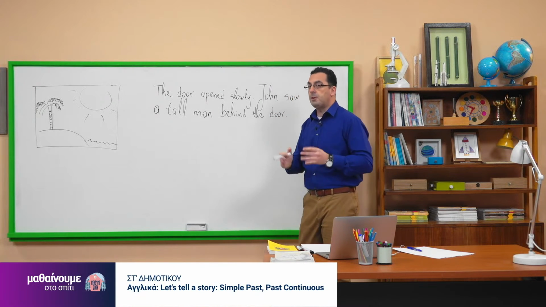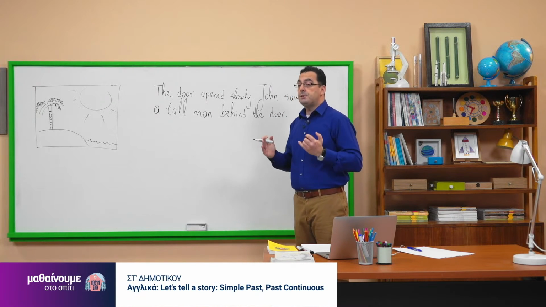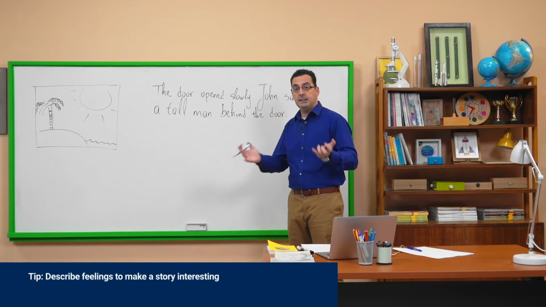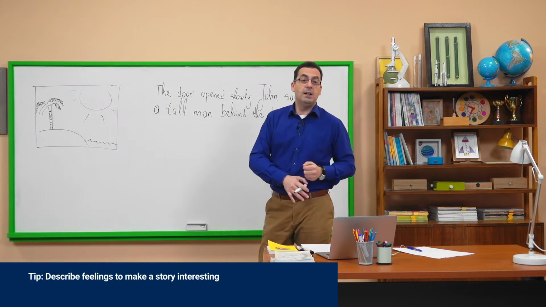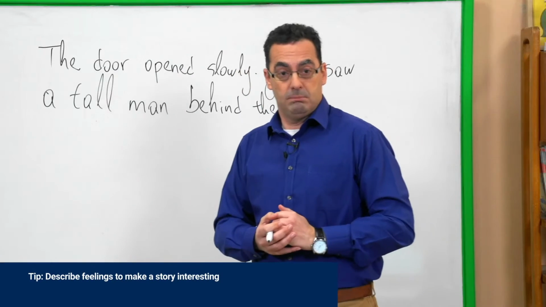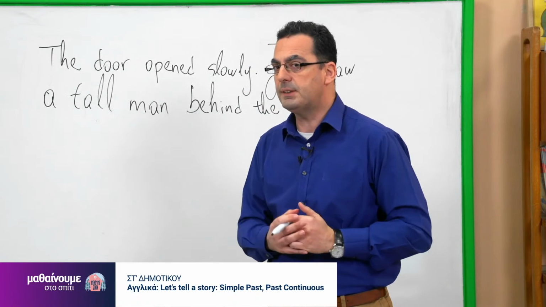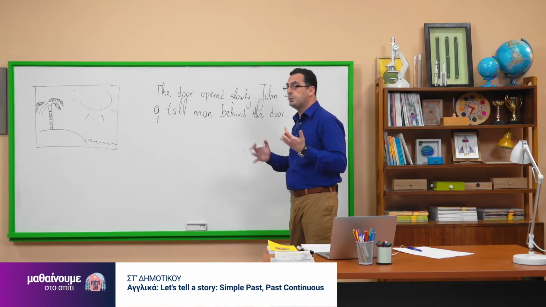If you want to make your story more interesting, you could say how people feel. How do they feel? Do they feel excited? Do they feel scared? Are they nervous? And how do they do that? For example, the tall man, what could he be saying?